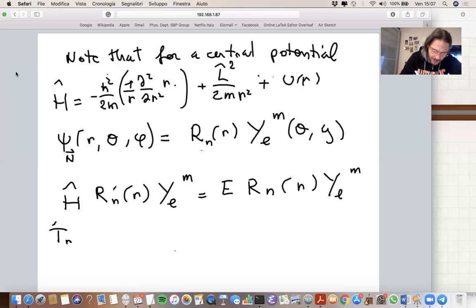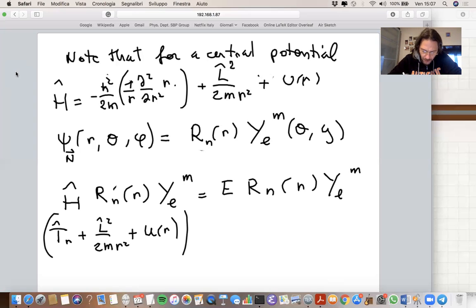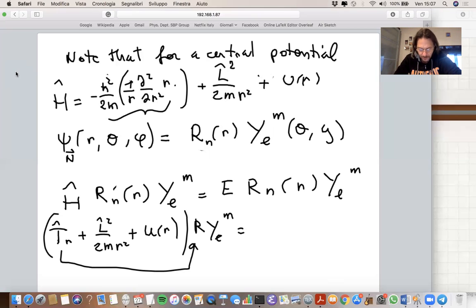This is a radial part plus L squared over 2mr squared plus U of r. And when I apply this to r times Y_lm, what I get is, well, let's first apply this. This only acts on r, right? Because this kinetic energy operator does not involve derivatives over angles.